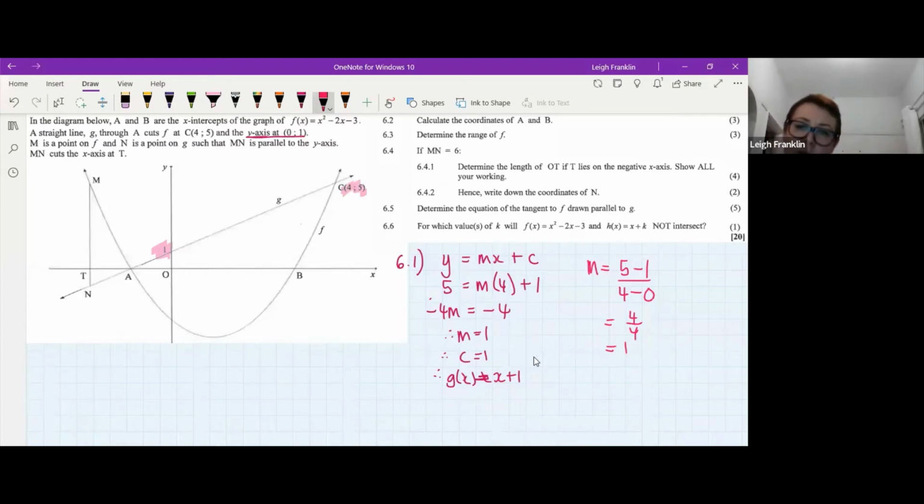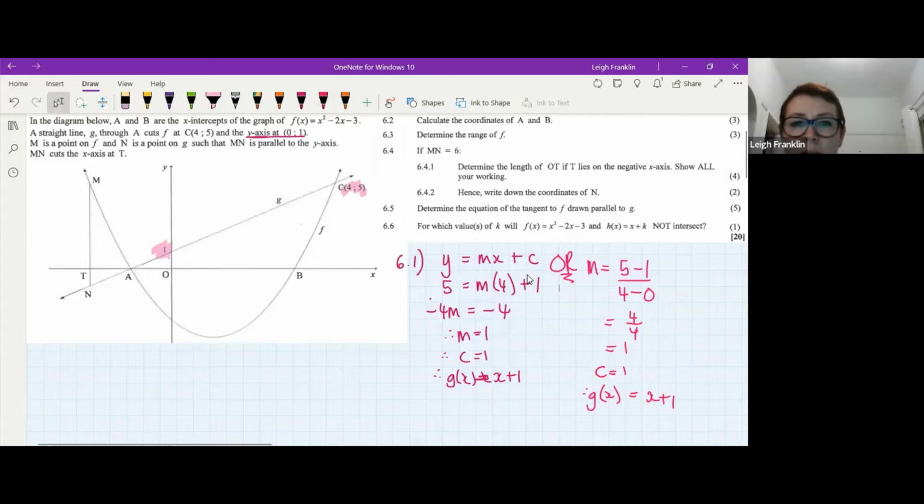Then again, we would have had to substitute in. Once we know that the gradient is 1 and c was equal to 1, we could have said that g(x) is the line x plus 1. So that was our alternative here.